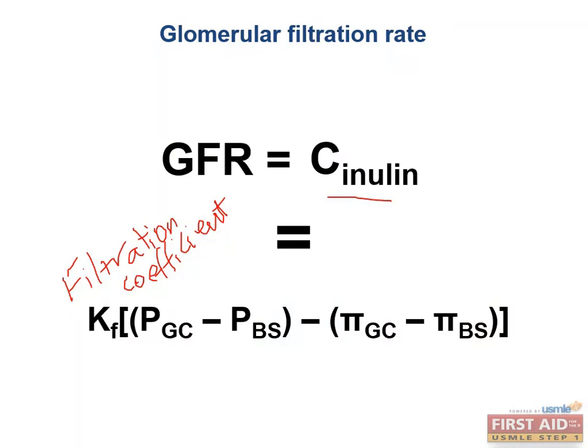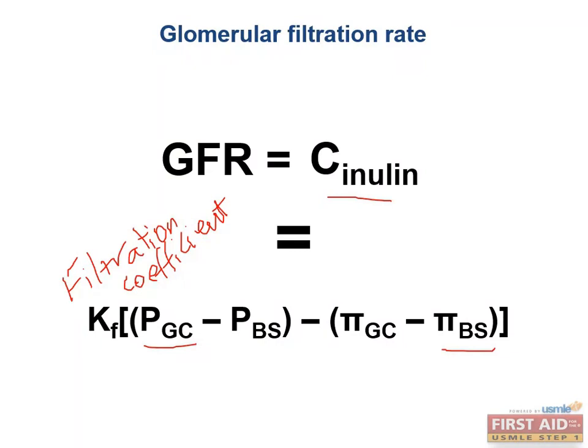So what is something that could lower Kf? One example is damage and scarring to the glomerulus. So what two variables in this equation, if we increase them, would increase GFR? The answer is PGC and pi BS.